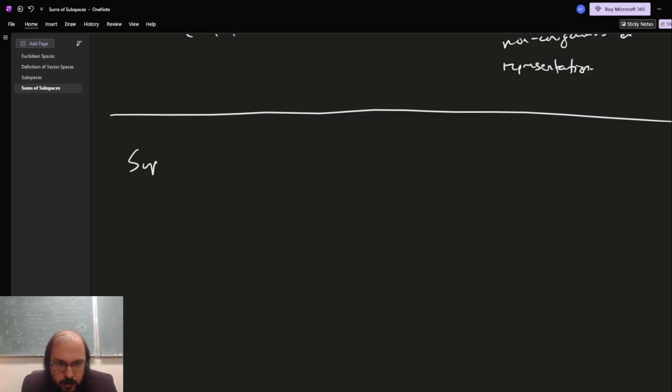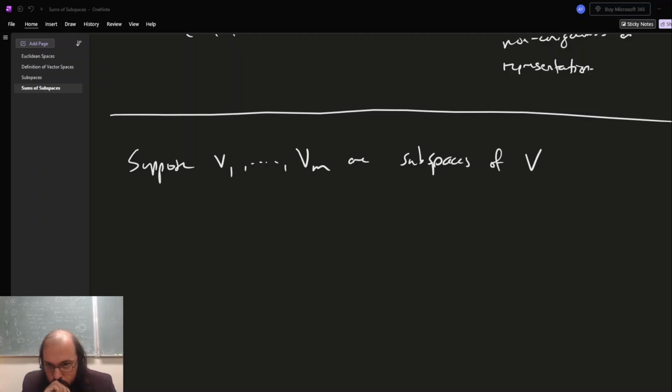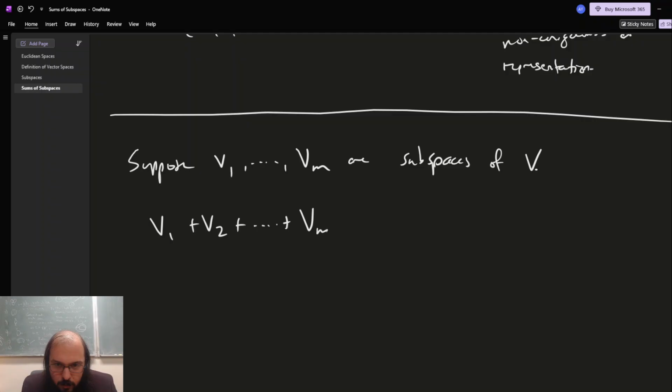So we suppose V1 through Vm are subspaces of V. Then V1 plus V2 and so on is equal to the direct sum, right?